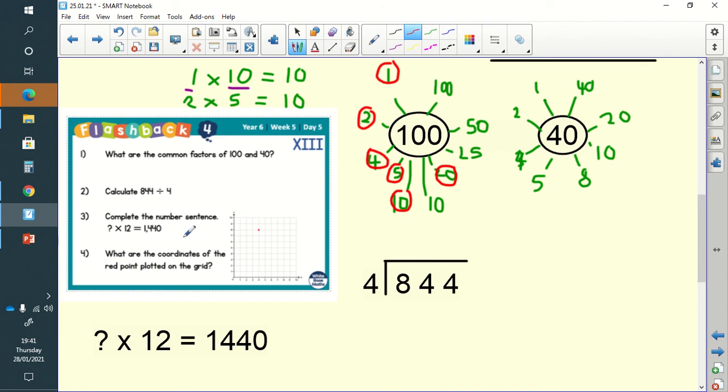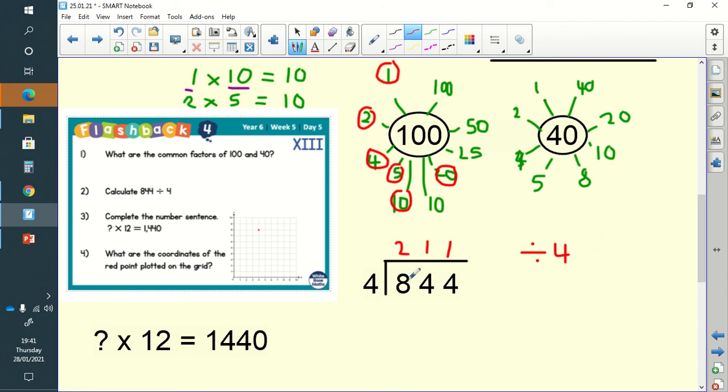Okay, we're going to calculate for the second question, 844 divided by 4. Now some of you may have done the bus stop method. So 4 into 8 goes twice, 4 into 4 goes once, 4 into 4 once. Some of you may know that if we're dividing by 4, we half the number.